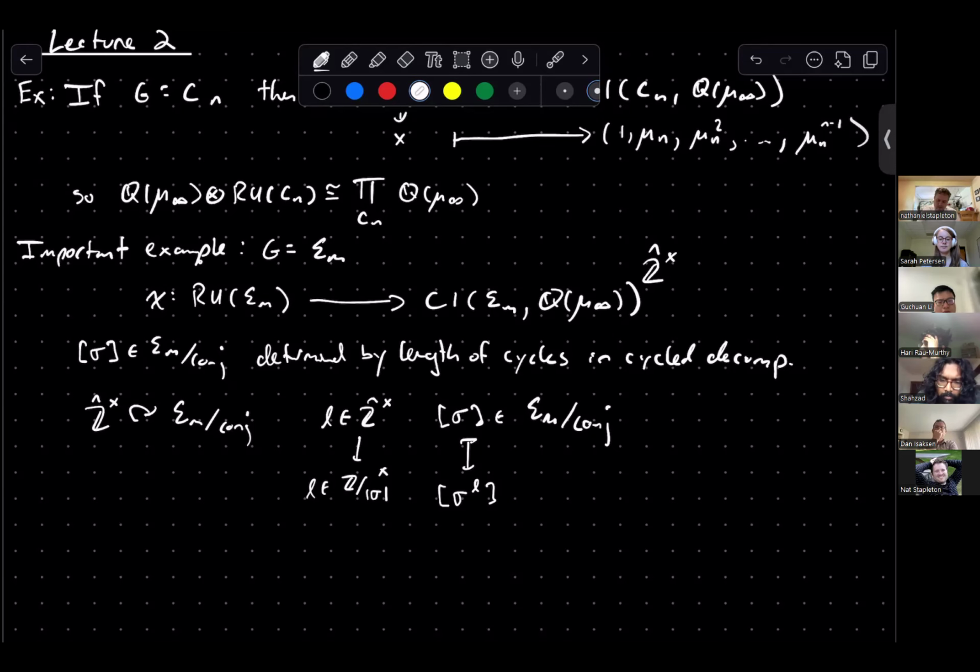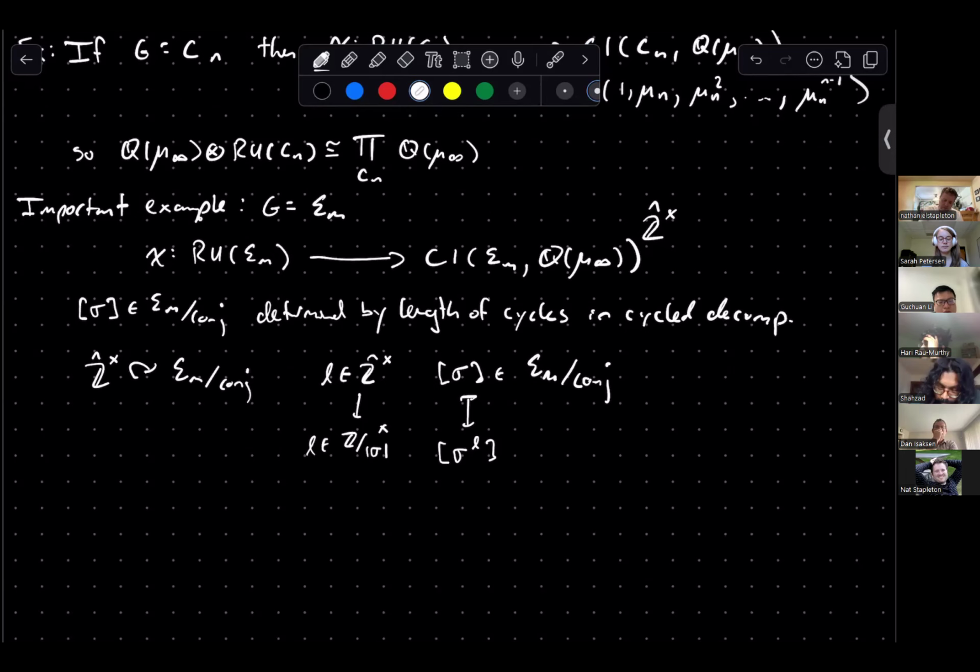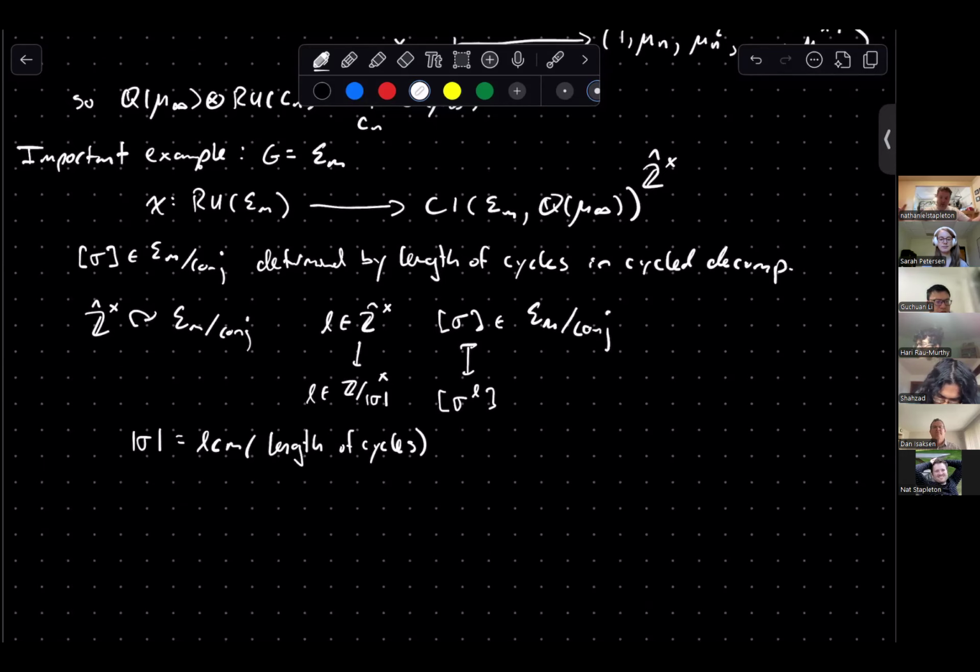But if L is in (Z mod the order of σ)^×, well, the order of σ is the LCM of the lengths of the cycles. And so that tells us that L really represents a unit in Z mod the order of each of the cycles. And so if I raise some cycle to a unit power, then I get a cycle of the same size, or I get another whole cycle.